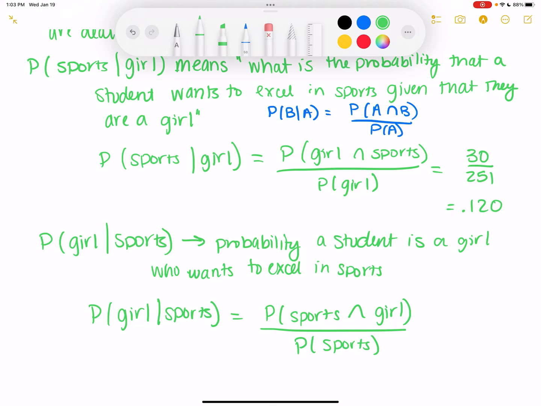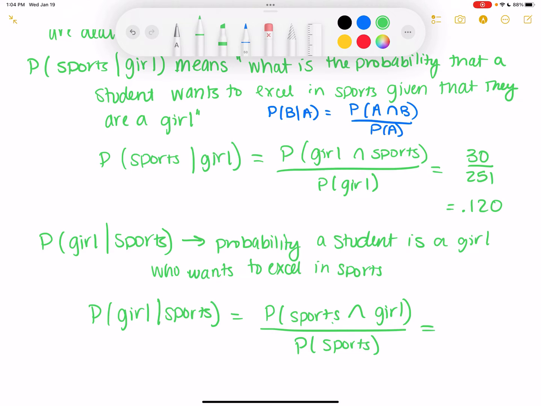The intersection, like I said, it doesn't matter which one comes first. I could write girl intersect sports or sports intersect girl. That number's the same either way.